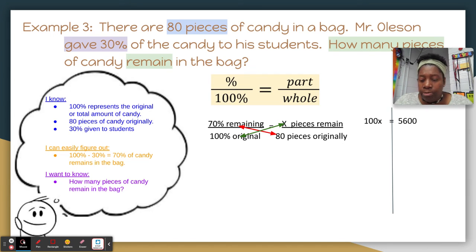So to undo the multiplication, I'm going to divide by 100. Once I divide one side by 100, I need to divide the other side by 100. And that's going to give me, and that should be an x, not an n, x is equal to 56 pieces remaining. So there are 56 pieces of candy in the bag.